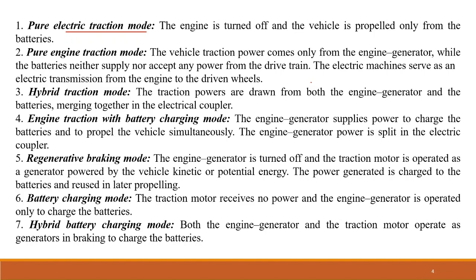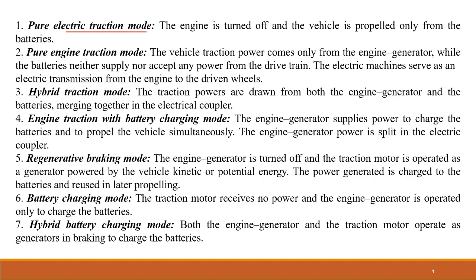Number six is the pure battery charging mode. Here, the traction motor does not receive any power, and the engine generator is only operated in order to charge the batteries. And the seventh operating mode is the hybrid battery charging mode.